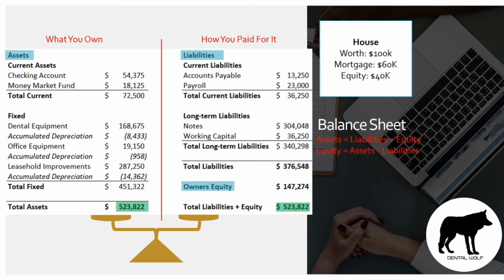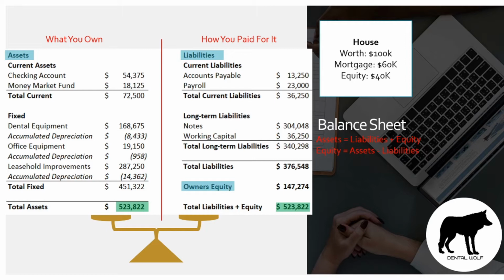So your asset, in this case the house, is worth $100,000, your liabilities or your debt would be $60,000, and your equity in the home, what you actually own of it, is $40,000. So you can see that in the example of a house, you have a balance between the two sides of assets and liabilities plus equity.